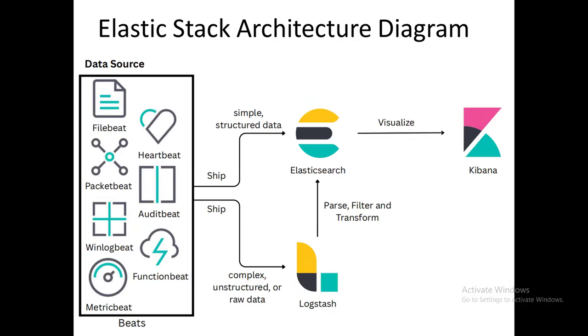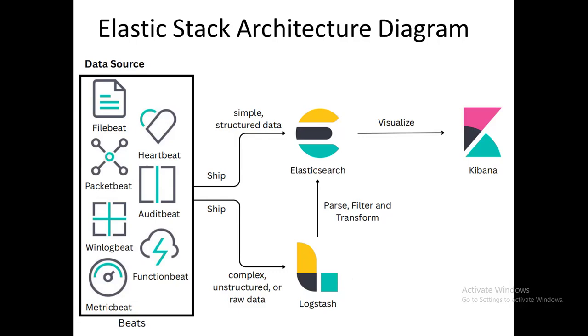Okay, so those are the Beats. Then it's a ship. First of all, simple structured data goes to the visualize. Then complex unstructured or raw data goes to Logstash, and Logstash to Elasticsearch in the form of parse, filter, and transform, and then goes to Kibana to visualize.